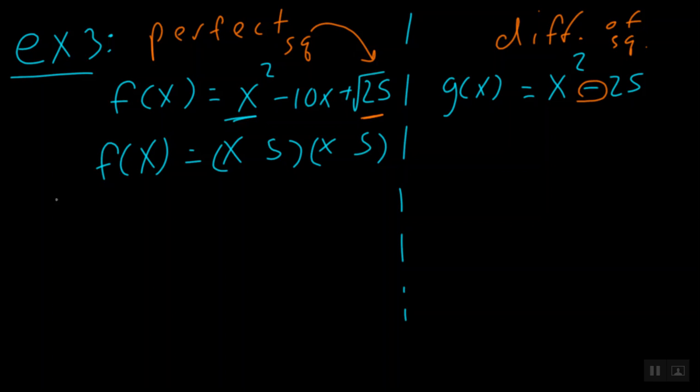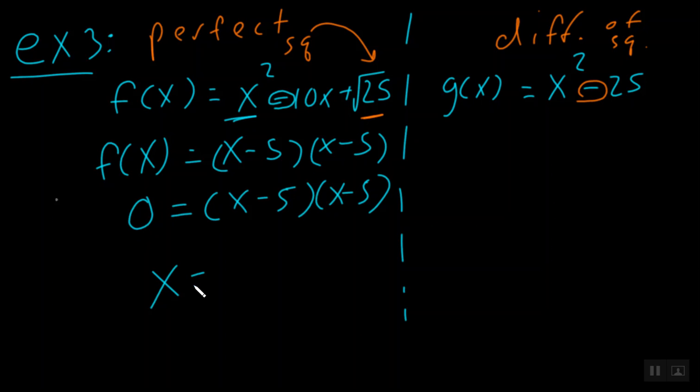Now, how can you have two 5s combine to become a negative 10? Well, of course, we make them both negative. And so if we were going to solve for x here in this case, well, we'd say, you know what? f of x is equal to 0, x minus 5 times x minus 5.